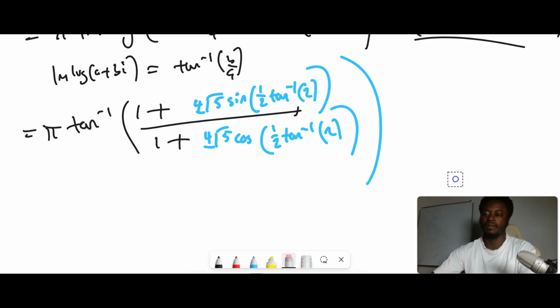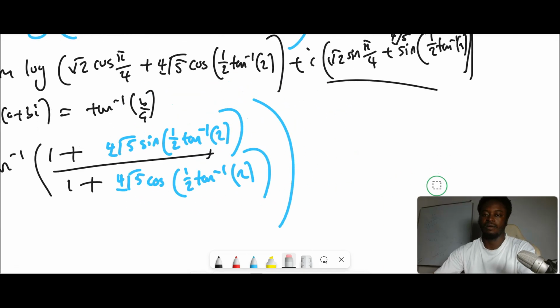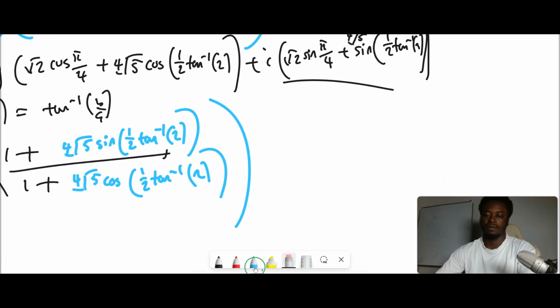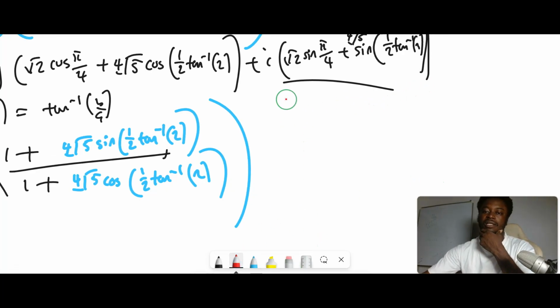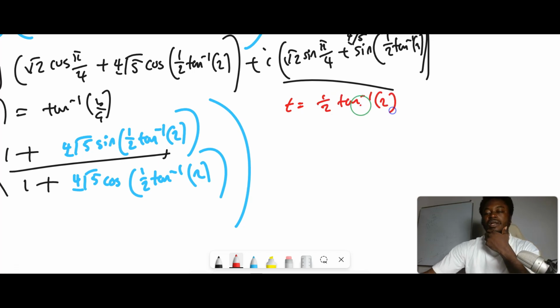Let t be 1 over 2 times the tan inverse of 2. Then we are looking for sine t and cos t.